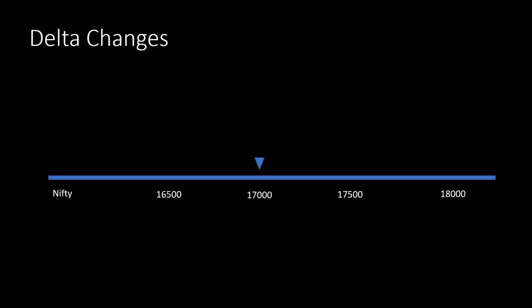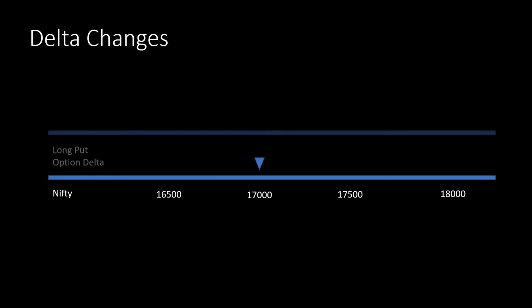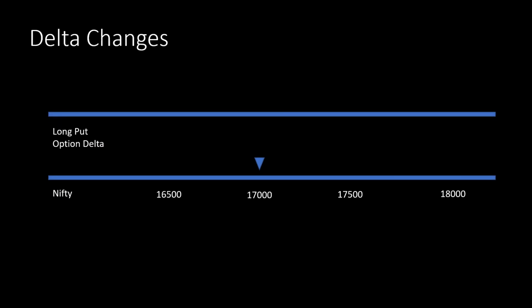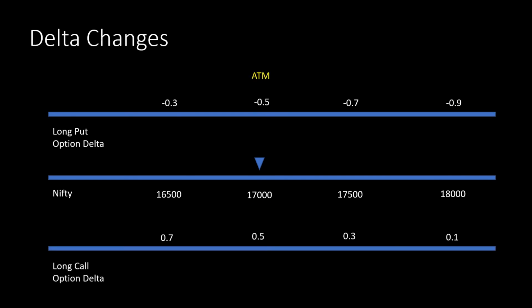Let's assume Nifty is at 17,000. We're going to evaluate the deltas of both the put option and the call option. As you are aware, at the money put option delta is minus 0.5 and at the money call option delta is 0.5. Let's assume Nifty moves from 17,000 to 17,500. So now at the money strike price has moved from 17,000 to 17,500.